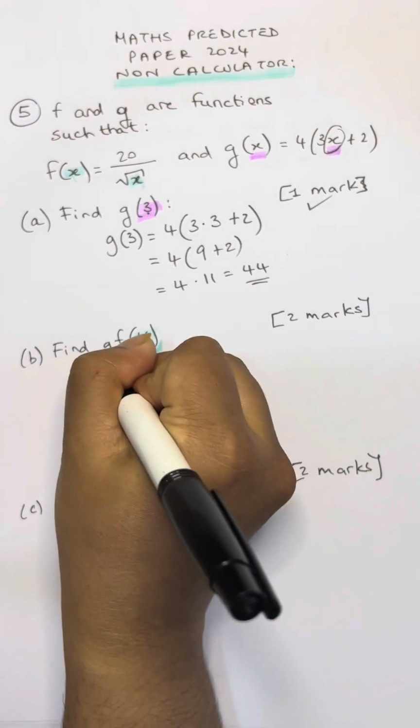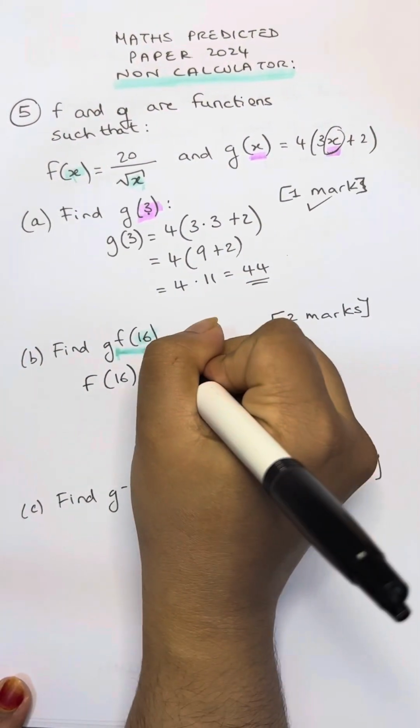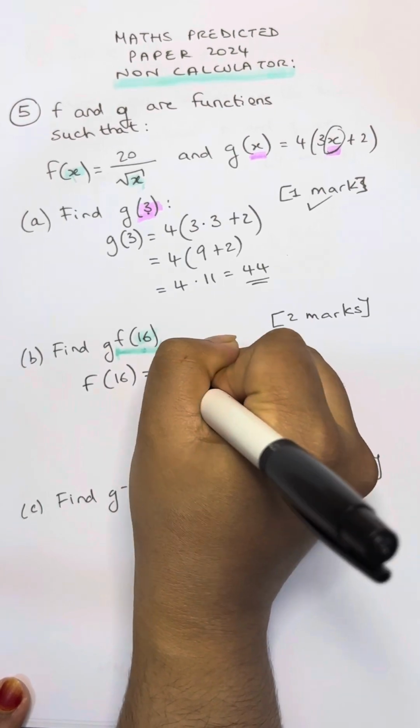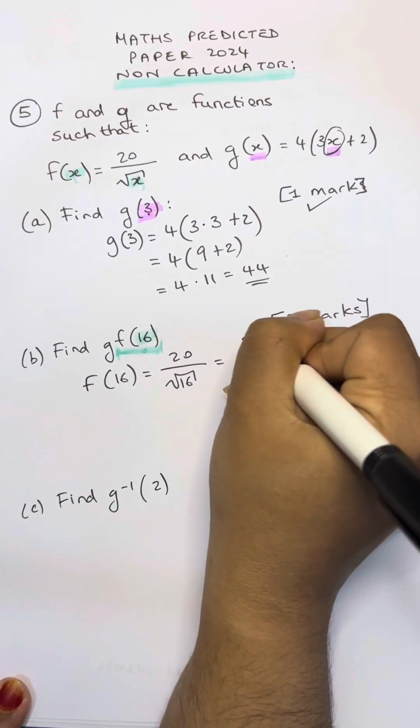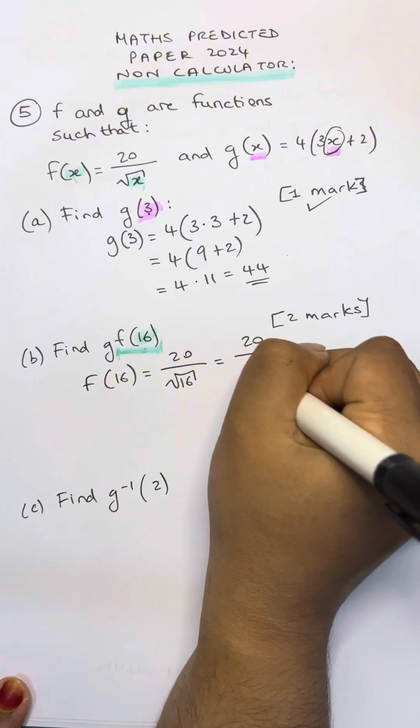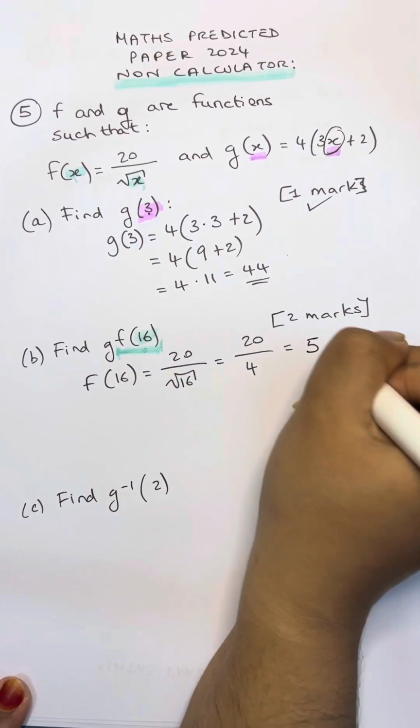So f of 16 equals 20 over the square root of 16. The square root of 16 is 4. So 20 over 4, that's 5.